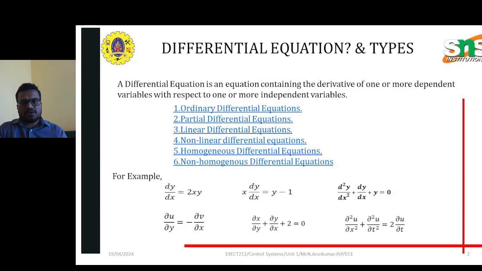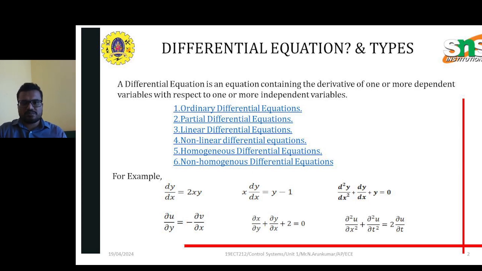So the part of differential equation in control system is to identify the transfer function of the systems. This can be achieved by the following ways. Either it may be ordinary differential equations, partial differential equations, linear differential equations, non-linear differential equations, homogeneous differential equations, non-homogeneous differential equations.